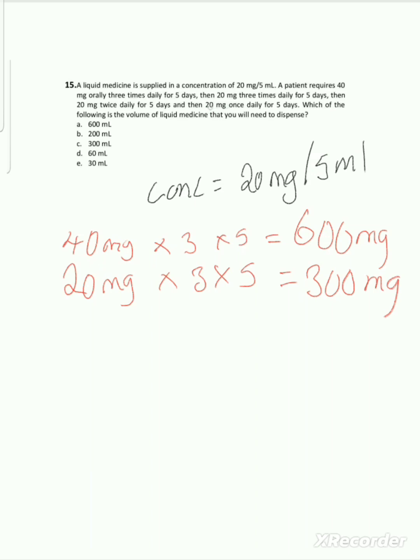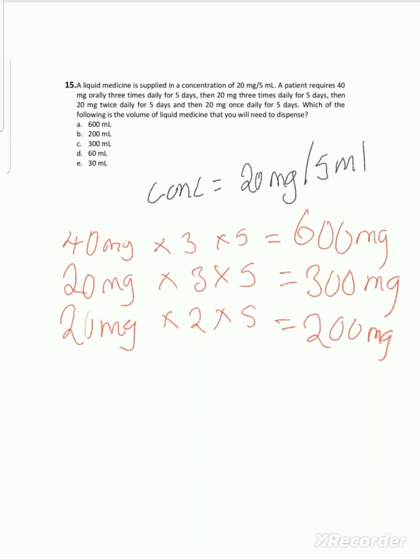They're saying then 20 milligrams twice daily for 5 days. So what am I going to write here? 20 milligrams twice daily, which is 2 times 5. 20 times 5 times 2 is 200 milligrams, like that one.